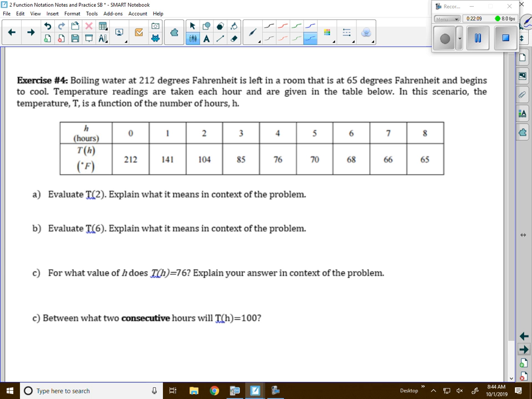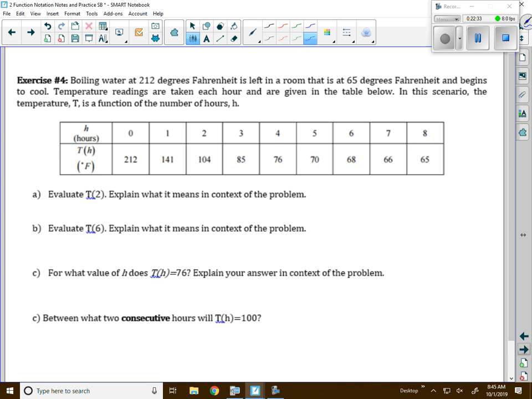So what happened is at each hour, we measure the temperature. Naturally, it should be going down. It says in part A, evaluate T of 2. Now, what does T represent? T is temperature. Sorry, H is hours. Usually T would be time. So H is hours, T is our temperature.